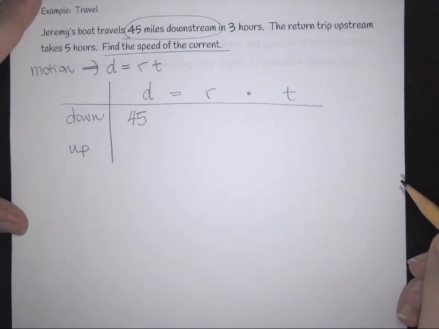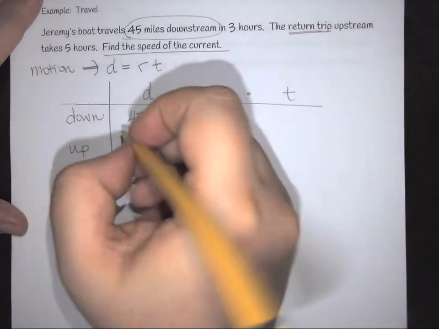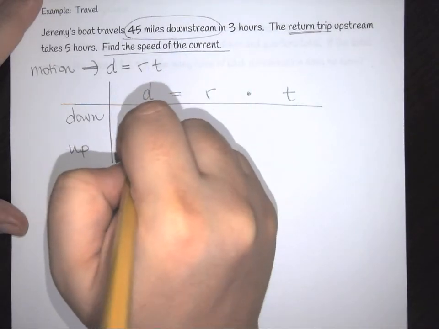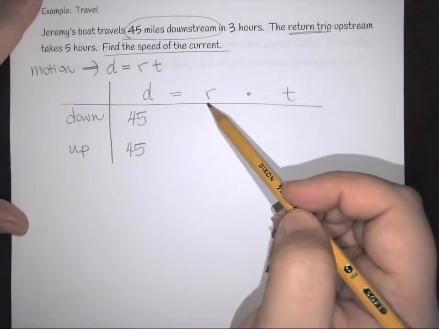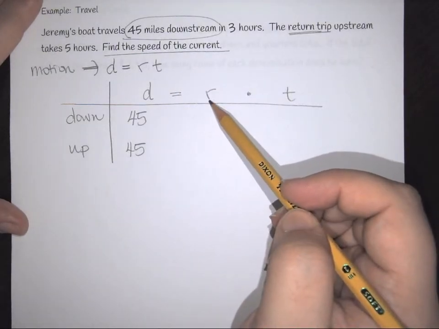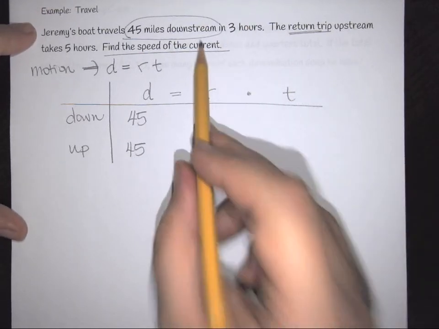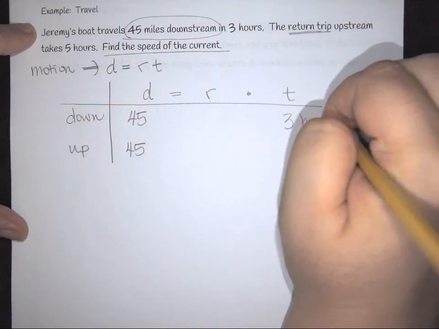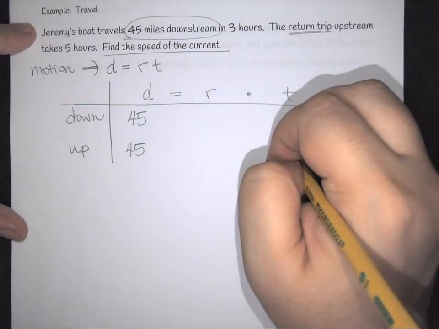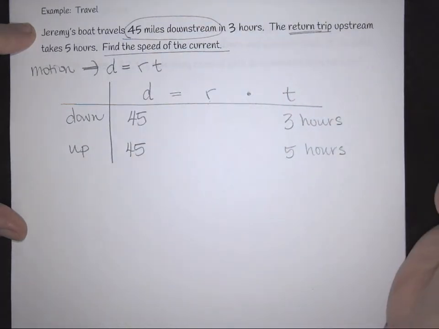We're also making a return trip. Because of the word return trip, that automatically tells you we are also going 45 miles upstream. Now, for the rate, we don't really know the rate yet. We're going to talk about that in a second, but we do know how long it takes. It takes 3 hours to go downstream, and it takes 5 hours to go upstream.